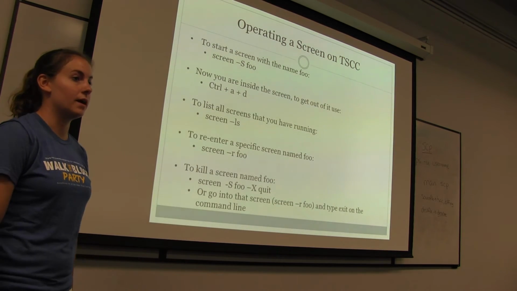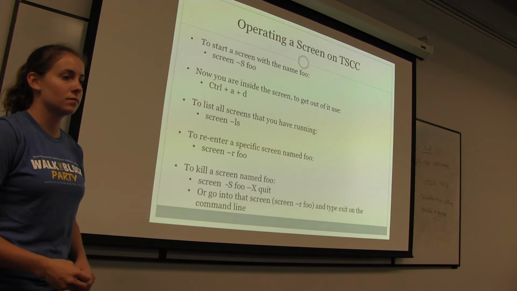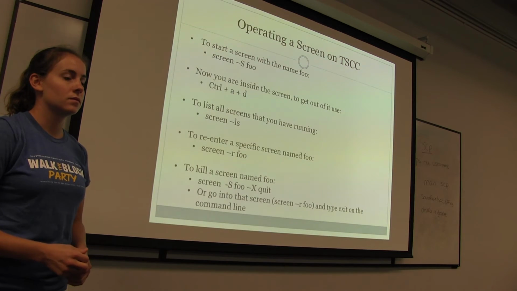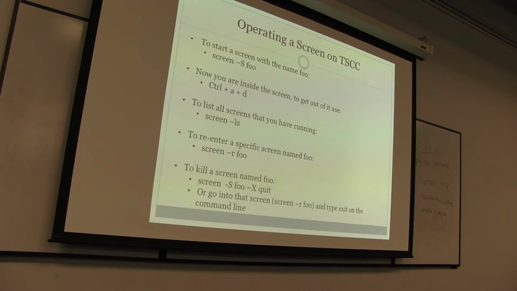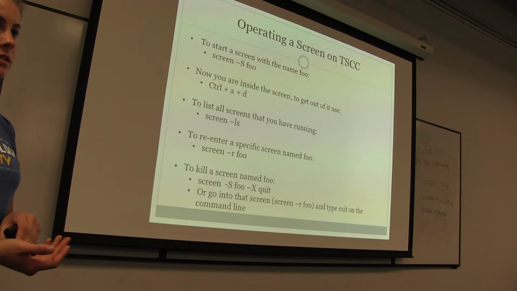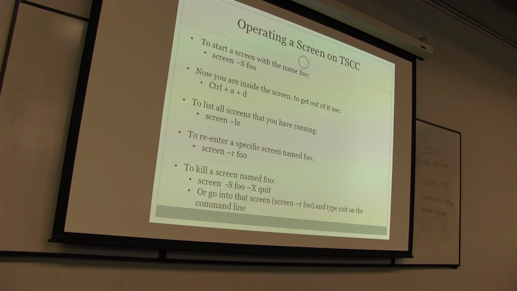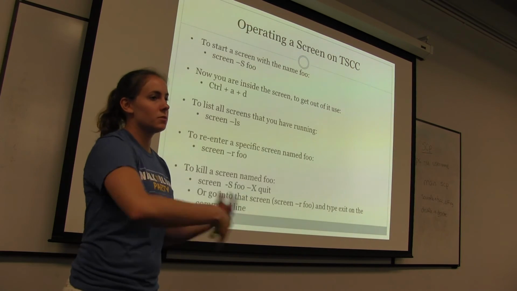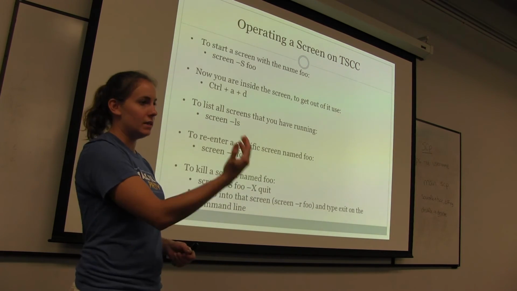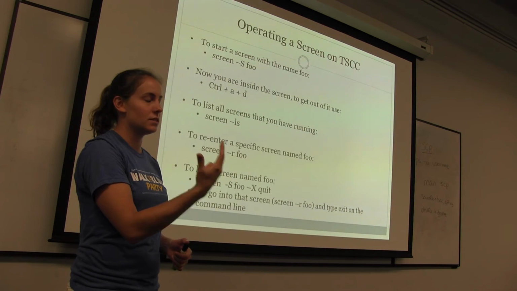explained to you. Yeah? Can you say again what a person will use a screen for? It's just having a working space or something? The screen allows you to continue letting your jobs run while you don't have an internet connection or if you lose TSCC. There are some things that I run that take a really long time, and they're submitting multiple jobs while running, so I need the command line to stay up.